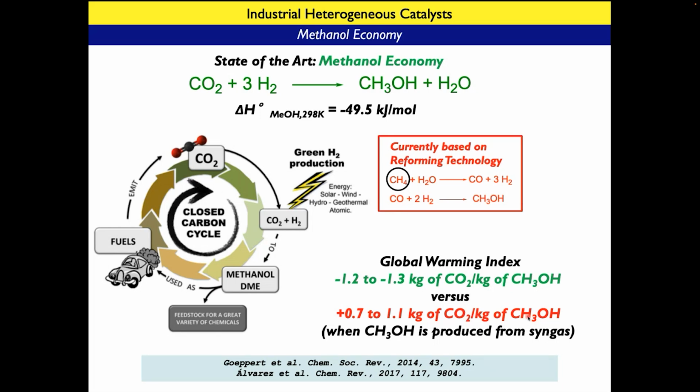And we know nowadays that one of the great concerns is how to combine CO2 capture and conversion. It has been foreseen that CO2 hydrogenation could be one way to mitigate the CO2 increase in the atmosphere.